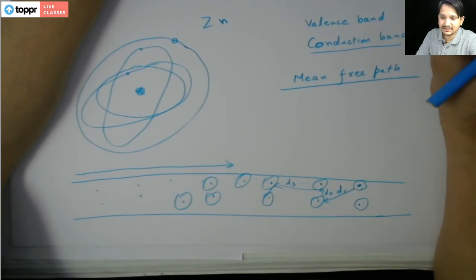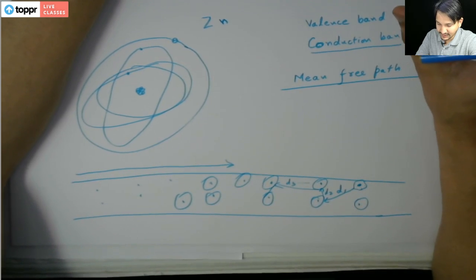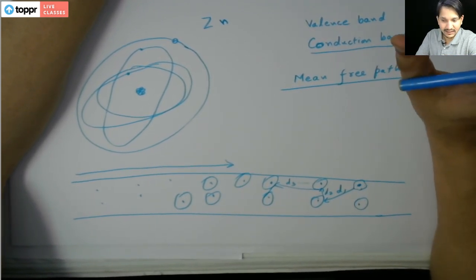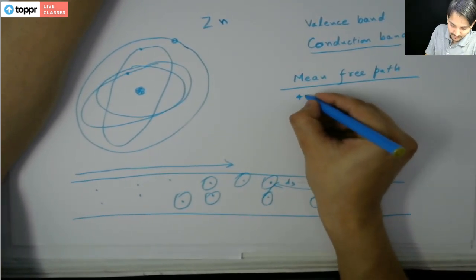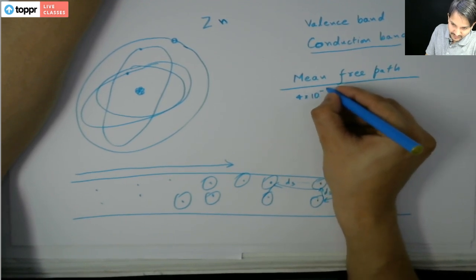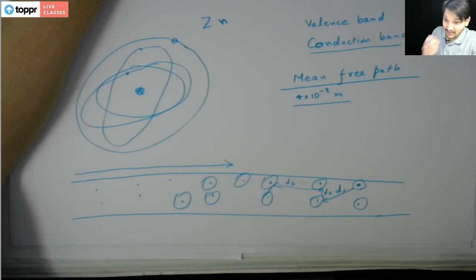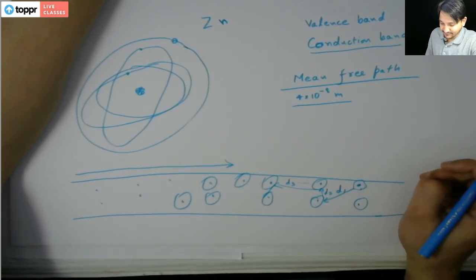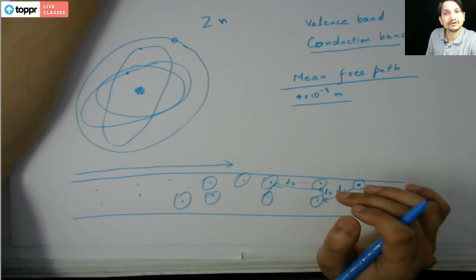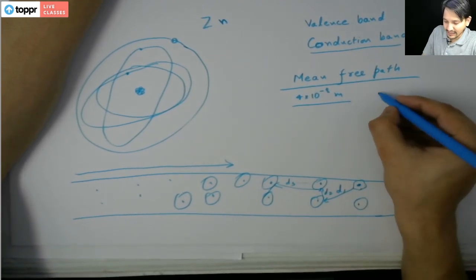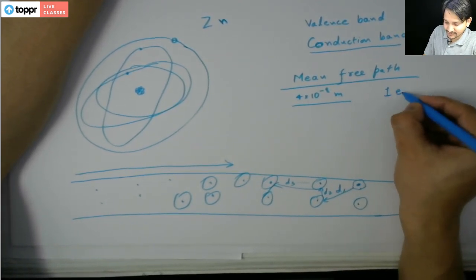The mean free path of a conduction electron in copper is 4 times 10 to the power minus 8 meter. Find the electric field which is required to give this electron an energy of 1 electron volt.